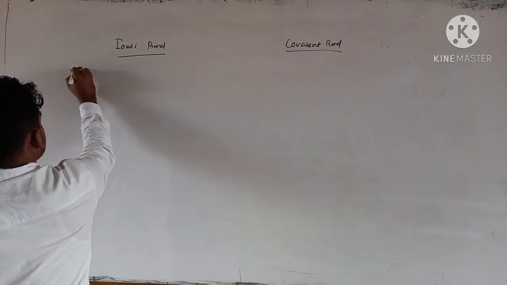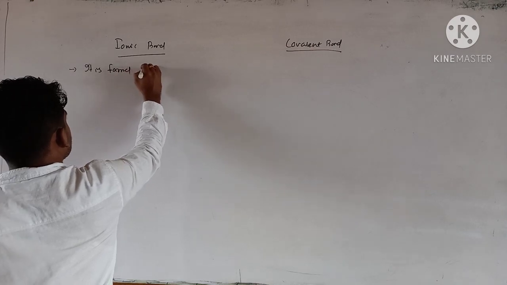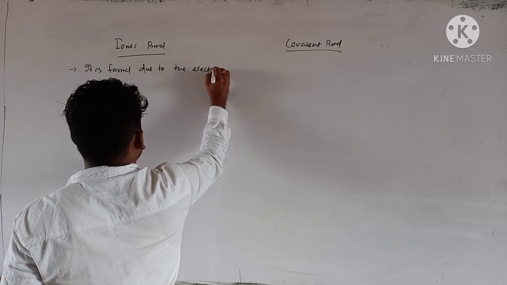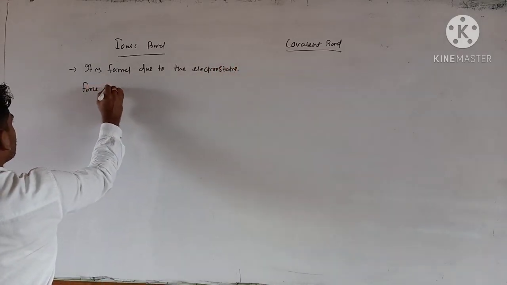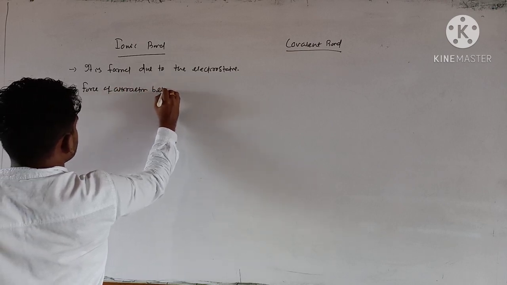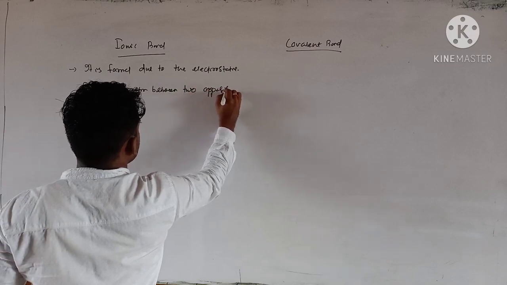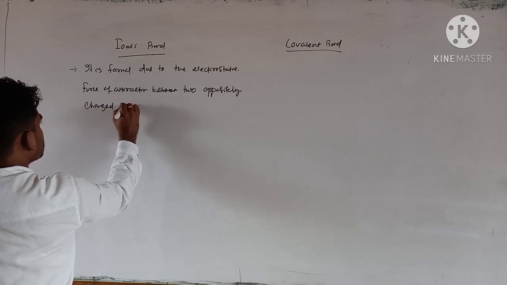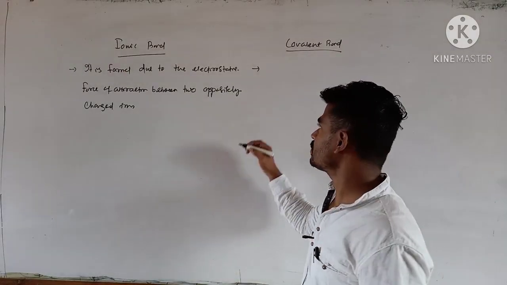First one, an ionic bond is formed due to the electrostatic force of attraction between two oppositely charged ions. And a covalent bond is formed due to mutual sharing of electrons.